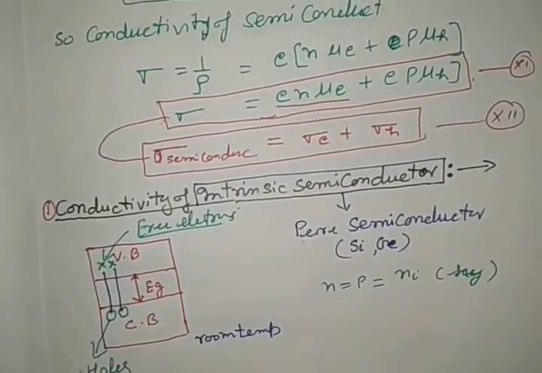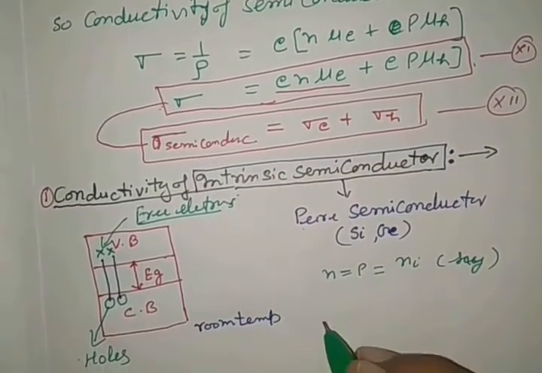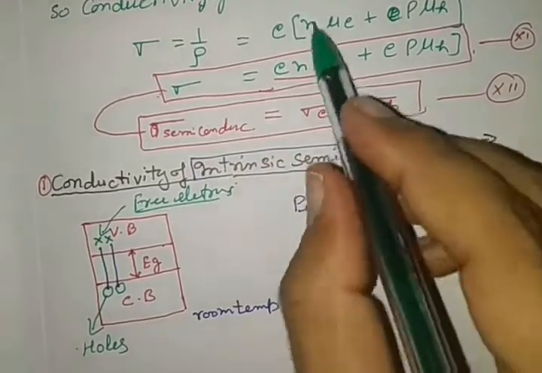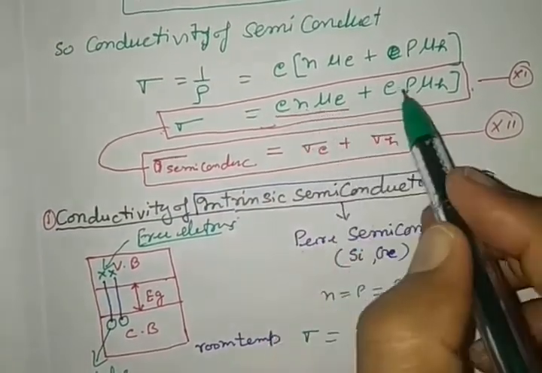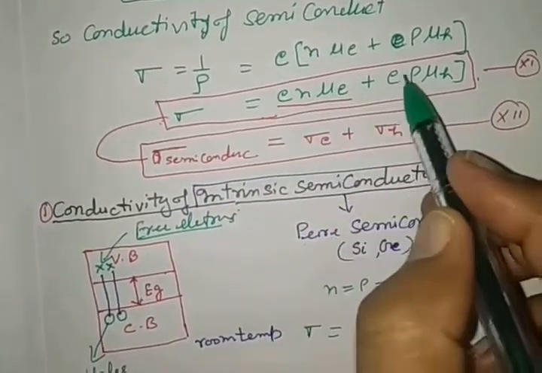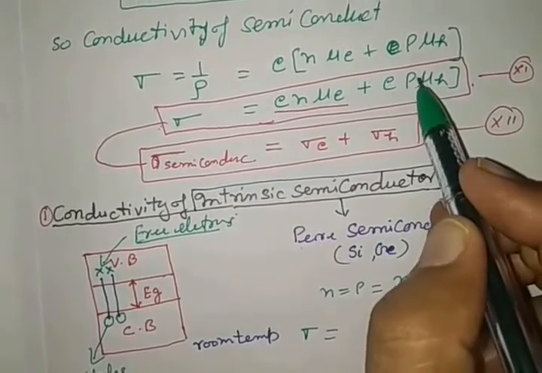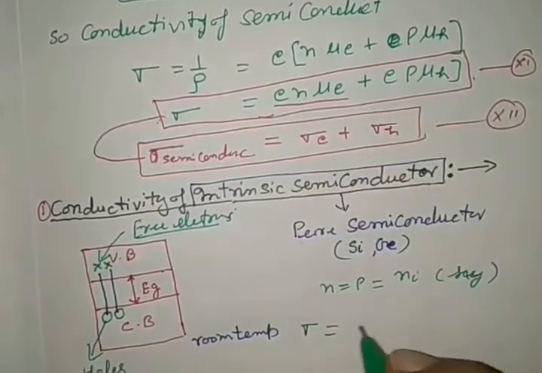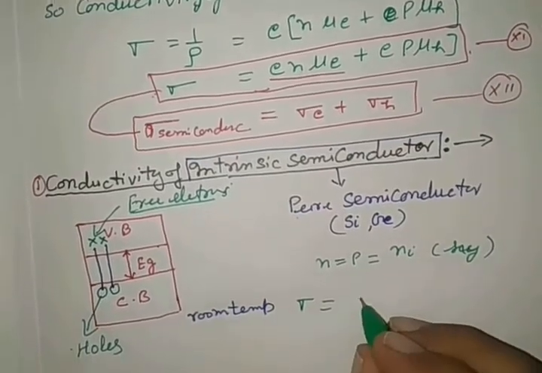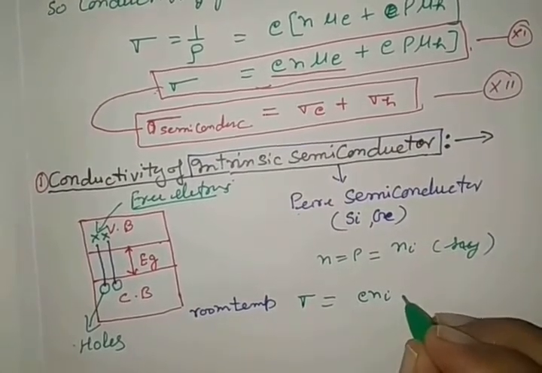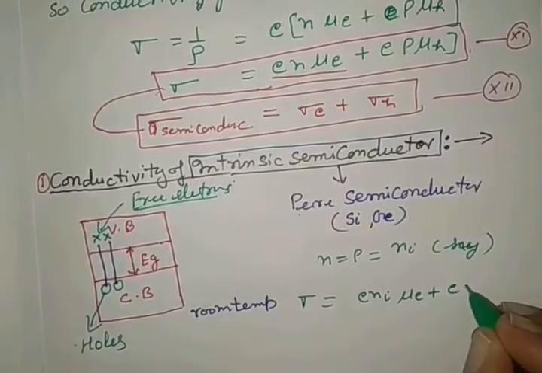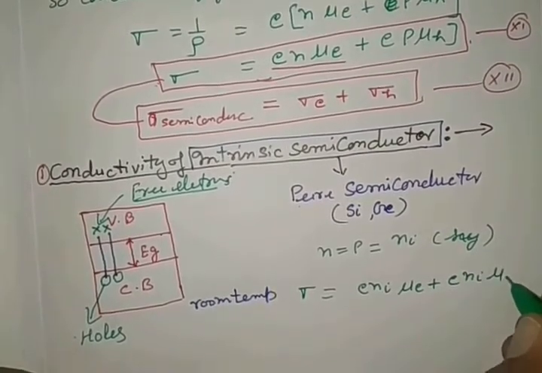In that condition, conductivity sigma can be written as e ni mu e plus e ni mu h.